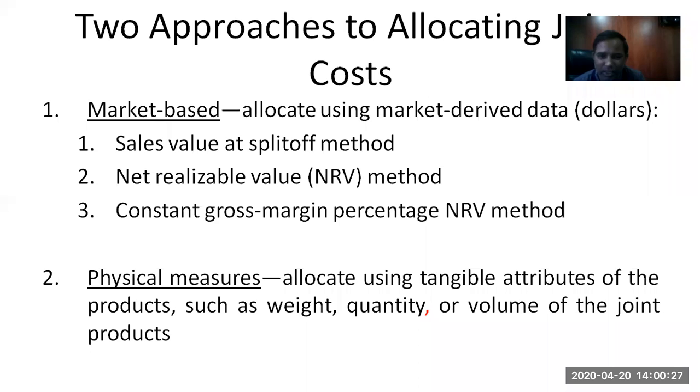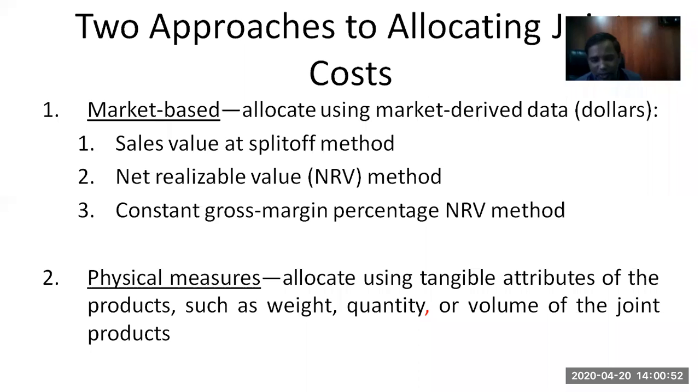Market based has three subtypes: the sales value split off method, net realizable value or NRV method, and third, constant gross margin percentage. So these are three ways to calculate the allocation of joint cost to separate individual products.